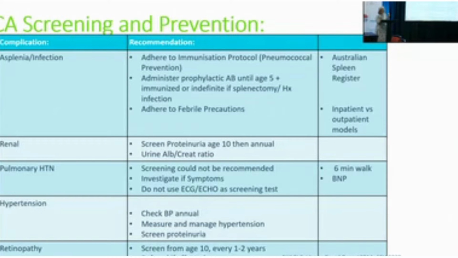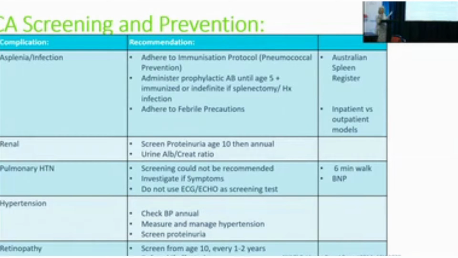This is just my last couple of slides to just really summarise. So we know vaccination is important. We've talked about renal screening, that I think really probably should start from early childhood. We know that pulmonary hypertension screening has got more complicated, and we really need to think about who we're screening. General blood pressure management is important.